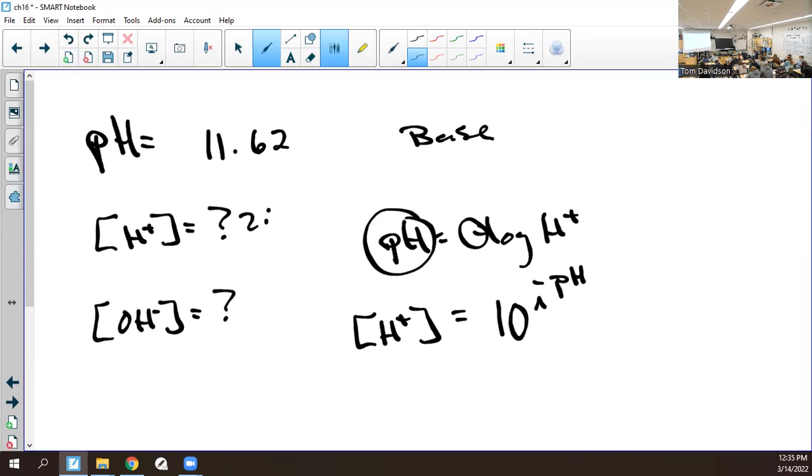Okay, 2.39 times 10 to the negative 12. Anyone agree with that? Okay, good. Then how would I find OH minus? Good. 1 times 10 to the negative 14 over 2.39 times 10 to the negative 12.